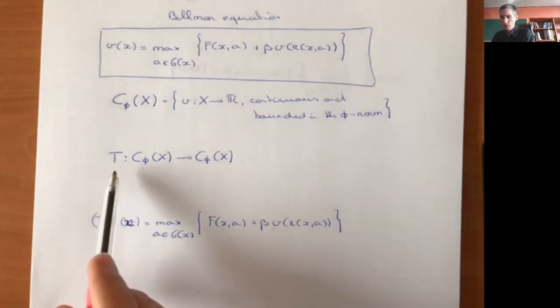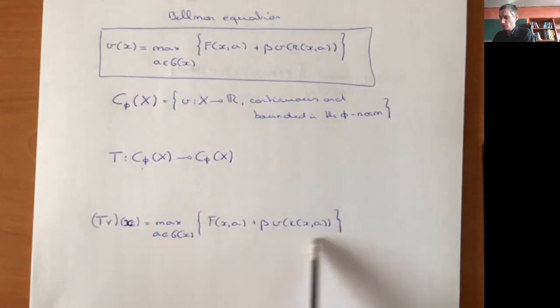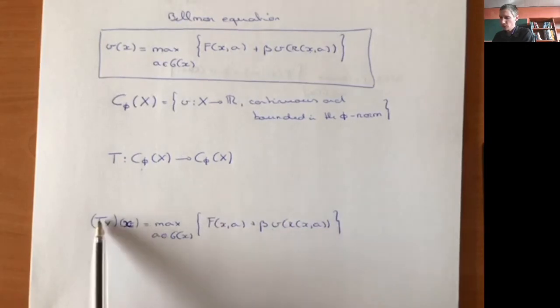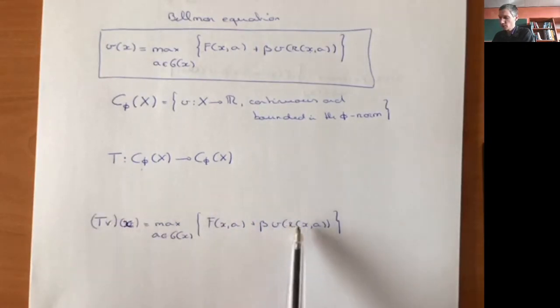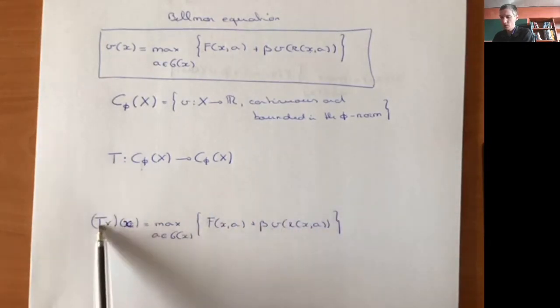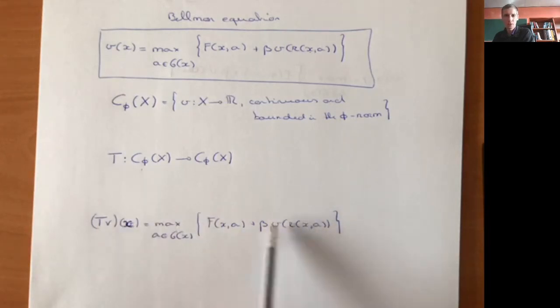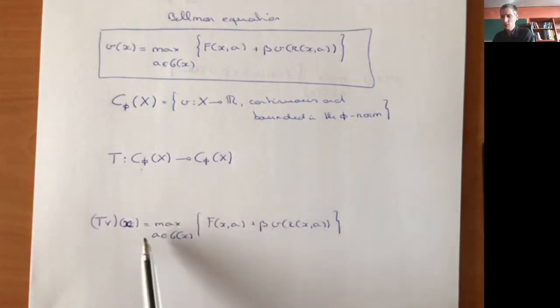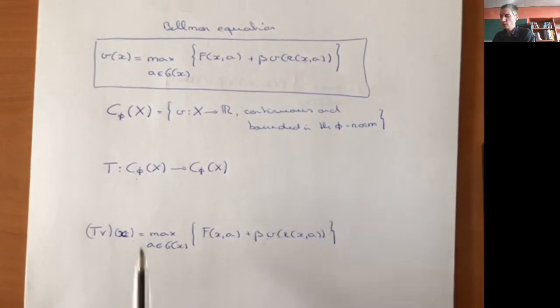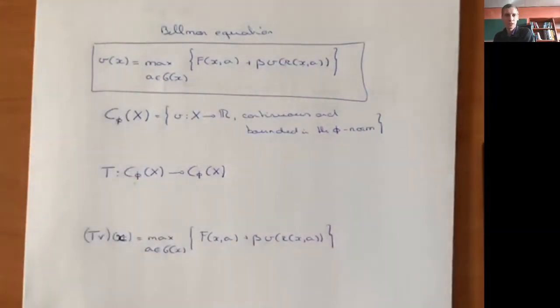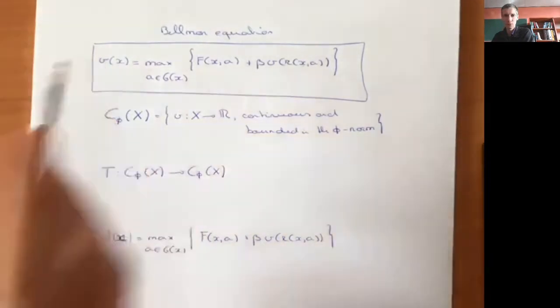And you have seen that if you can show that T is a contraction mapping, then iterating this procedure, by starting with some v, computing T of v, plugging T of v in here and recomputing again, and so on, will finally get you to the fixed point. Then this fixed point will satisfy this Bellman equation, because at the fixed point T of v is equal to v.